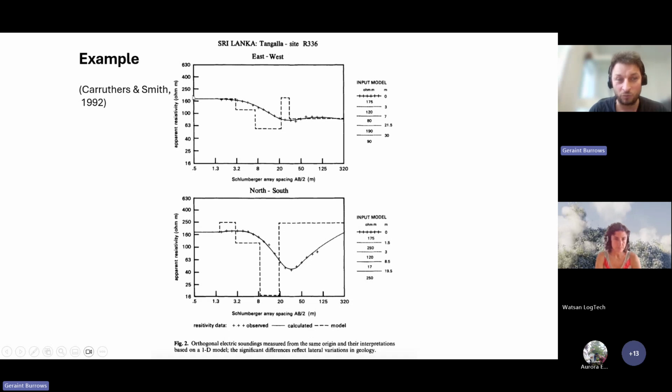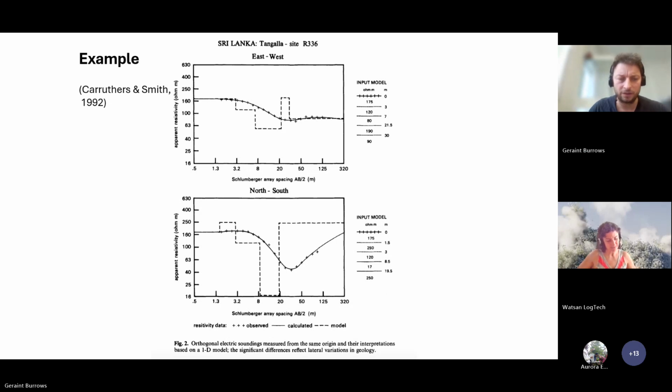So in the east to west direction, they get this curve, which is telling them what they think is the depth of geology. But in the other direction, at exactly the same point, they're getting this curve. So you can see how that lateral variation can have considerable impact on the vertical electrical sounding. Does that make sense? And that was with homogeneous horizontal layers.